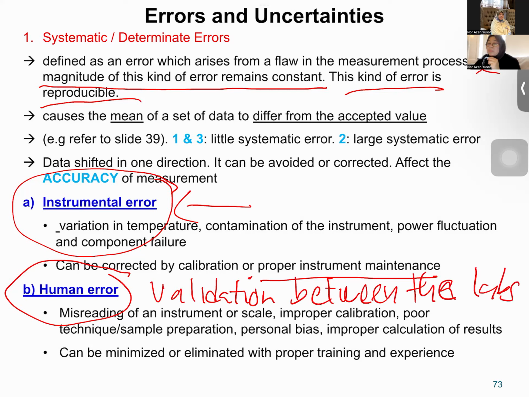So that's why sometimes when we do analysis, let's say in lab 1, in order to confirm the data is acceptable, we can send the same samples to another lab.